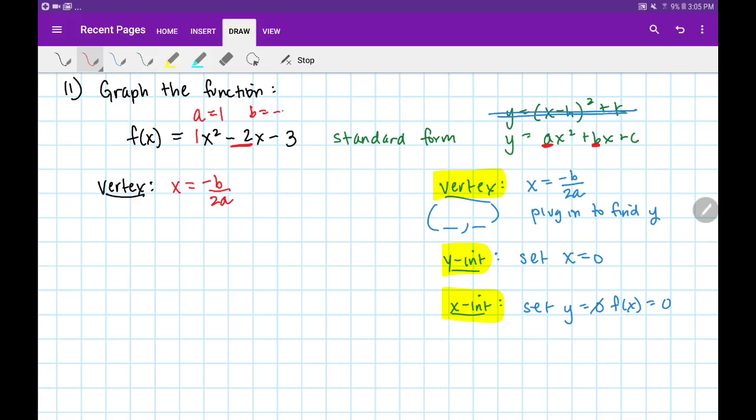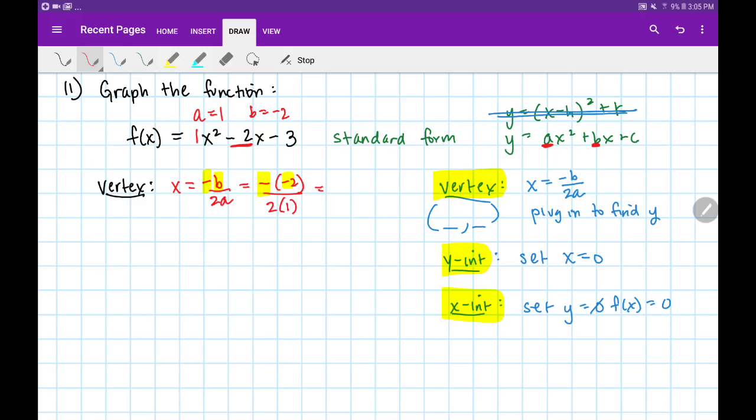So the sign matters. So I'm going to go ahead and plug these in carefully. Negative, and now what's my b? My b is negative 2, so you have to have that double negative there. The first one is just from the formula, and the second one is your b. All over 2 times a, which is 1.